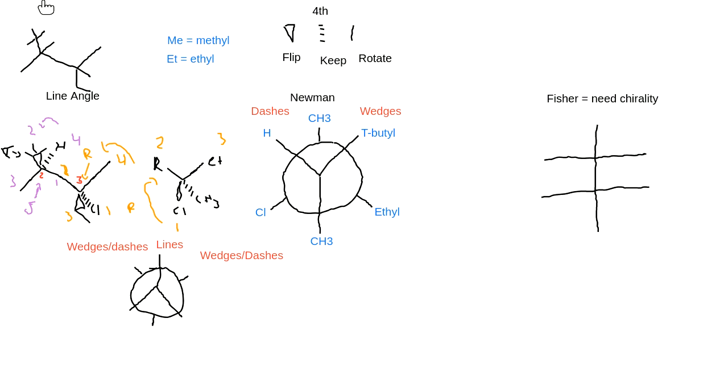Okay. So on our Fischer projections, the lines in the middle, again, they are our lines. Okay, just like Newman projections. However, this is going to be like the top. So, okay, let me label this.